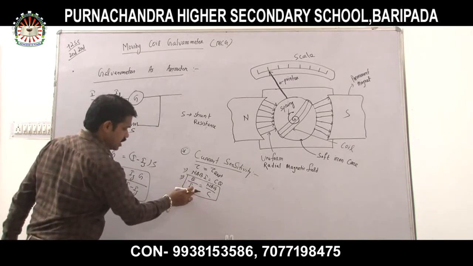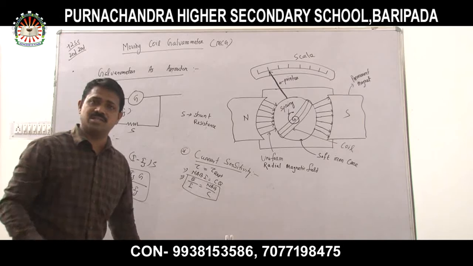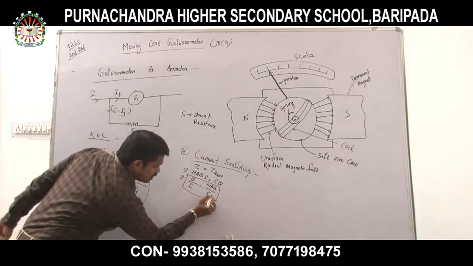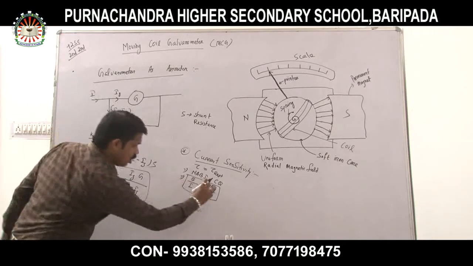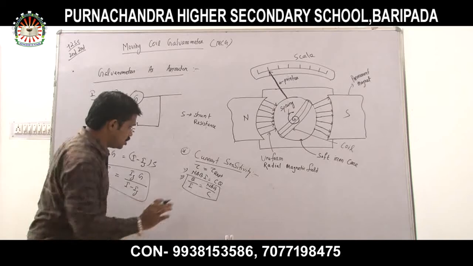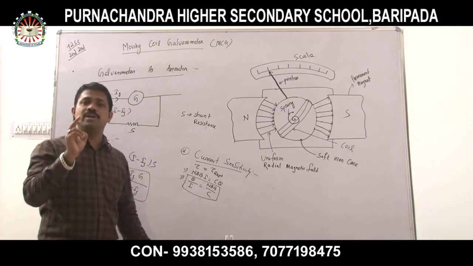This is nothing but the expression of the current sensitivity of a galvanometer. Clear? And we know what NAB by C is called: galvanometer constant. So that's why theta by I is called the current sensitivity of the galvanometer.